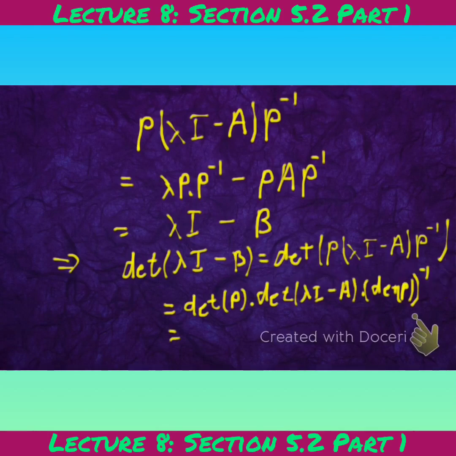So that is equal to the characteristic polynomial of the matrix A. So again, the characteristic polynomial doesn't change under this operation.